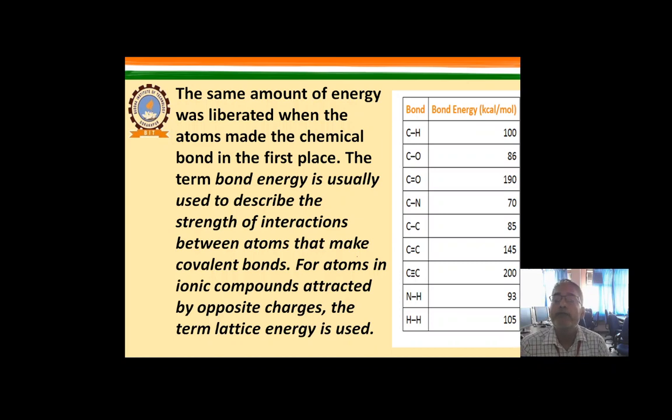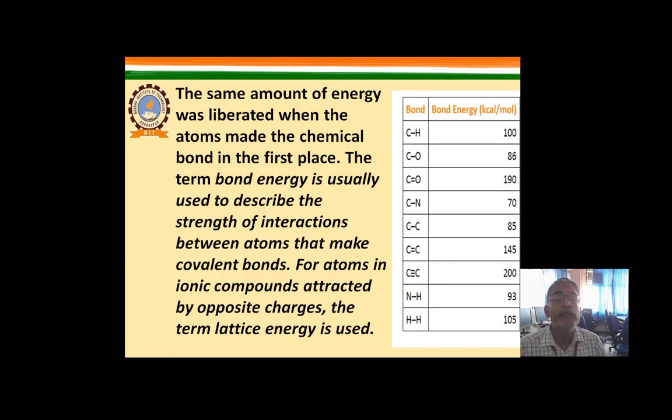The same amount of energy was liberated when the atoms made the chemical bond in the first place. The term bond energy is usually used to describe the strength of interaction between atoms that make covalent bonds. For atoms in ionic compounds attracted by opposite charges, the term lattice energy is used.